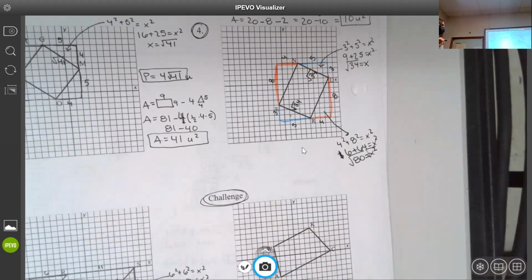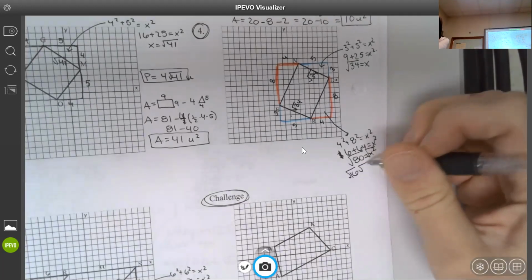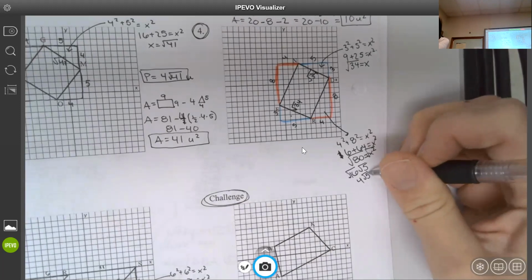So 4, 9, 16, 25. Which one divides evenly into it? 16, yeah. So 4 divides in evenly, but it's not everything that I can take out. I can actually do 16 times 5, so this is going to simplify into 4 rad 5.